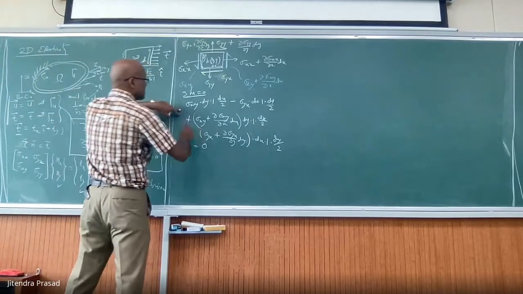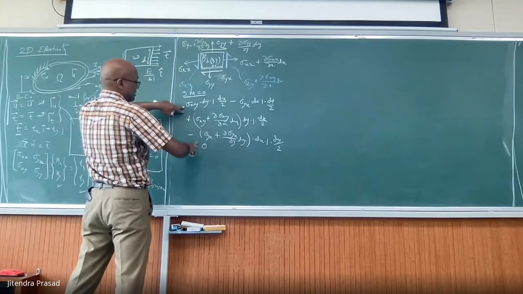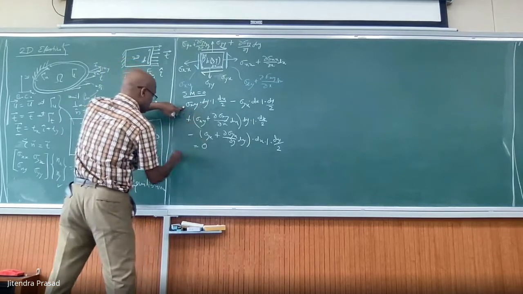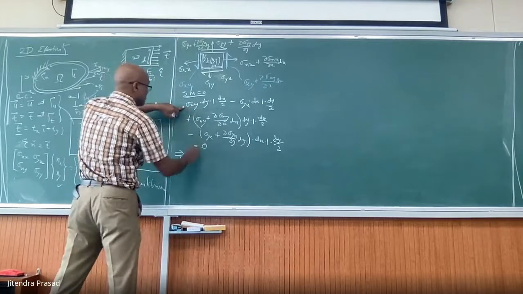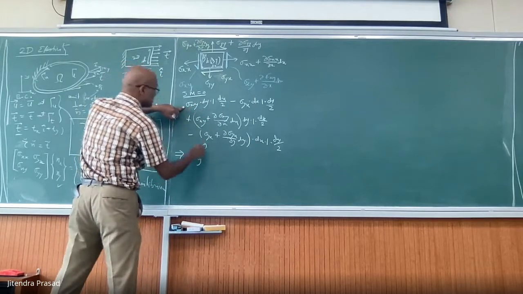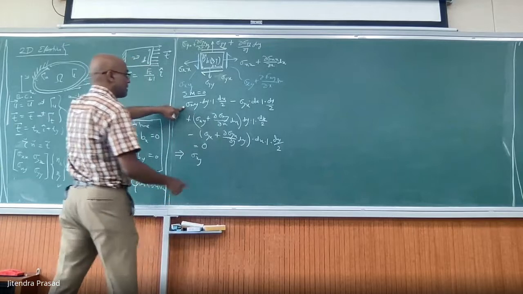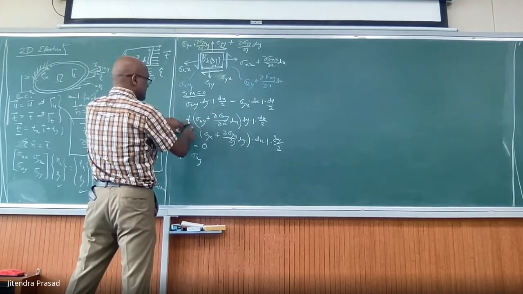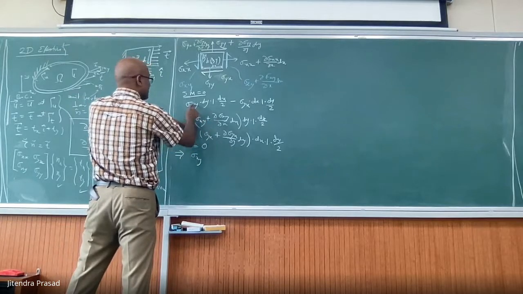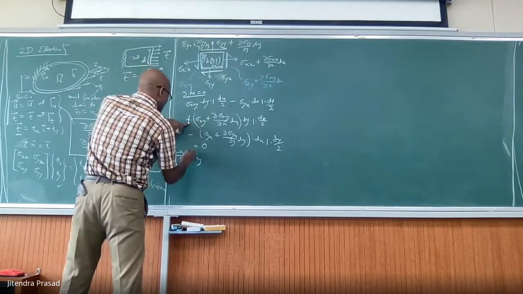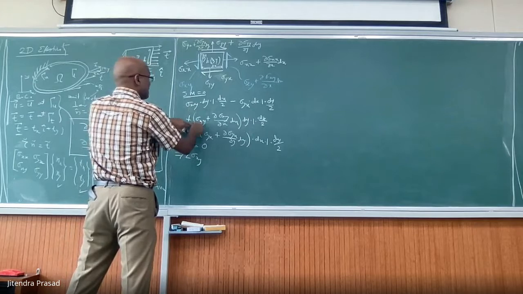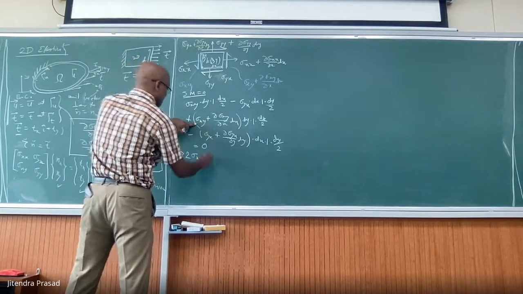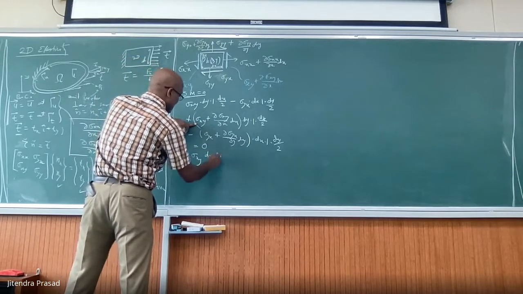Then what do you get? We have sigma xy, so equal to 0. That means we have sigma xy, and then this plus this, right? So we have 2 sigma xy here. So 2 sigma xy dx by 2 times dy over 2.